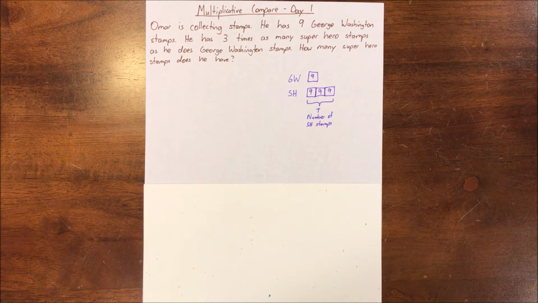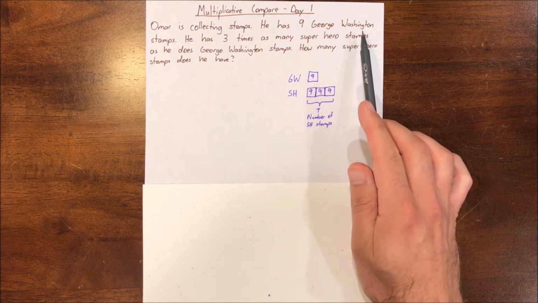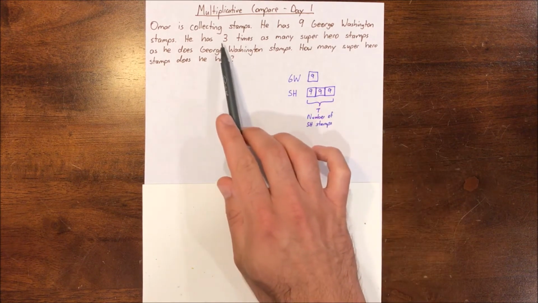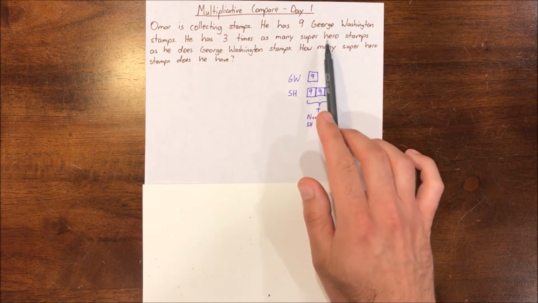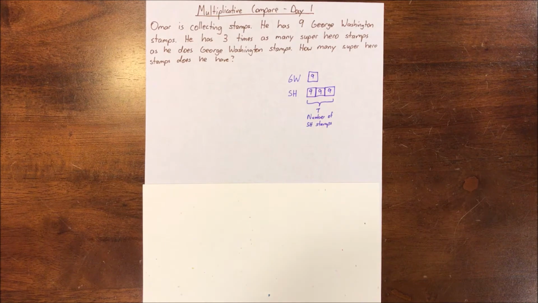Say it out loud. Right. In the story, it tells us that Omar has 9 George Washington stamps and 3 times as many superhero stamps as he has George Washington stamps.